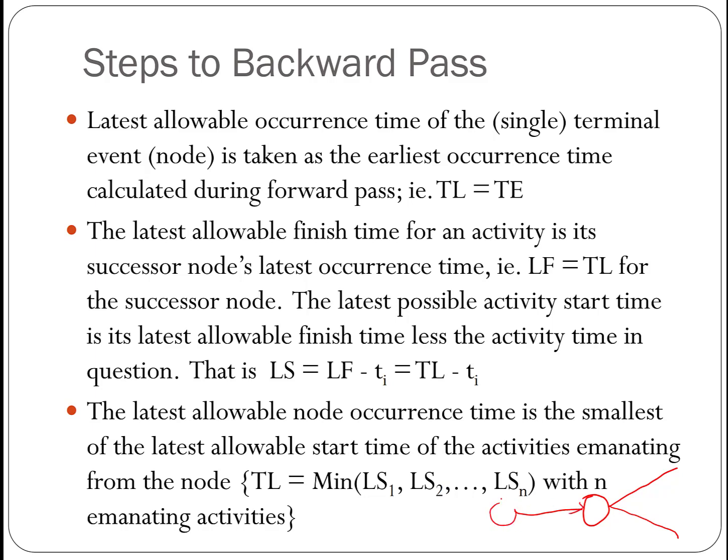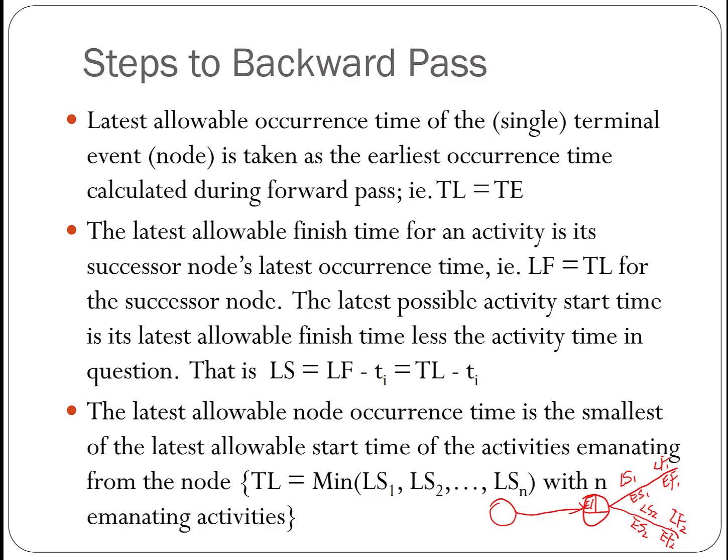Okay, suppose we are looking at this node here, and we have the early start, early finish, late finish, and late start. Say these are the ones. And then we have another activity here. We've already got this one, that's the early event time.